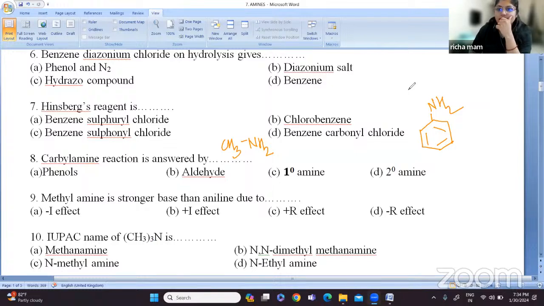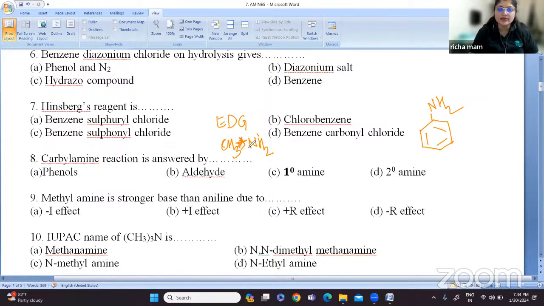All have answered it as B, that is plus I effect. So in methylamine, a CH3 group is present, right? Due to the CH3 group, the electron density on the nitrogen atom increases. This is an electron donating group, that is, a methyl group.